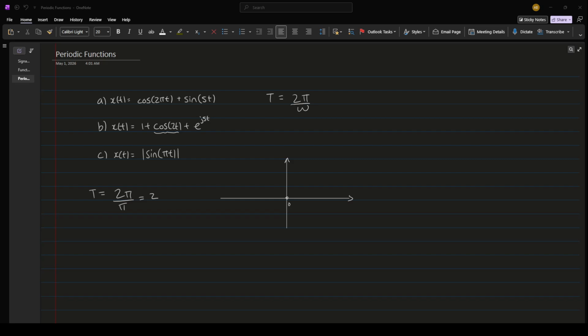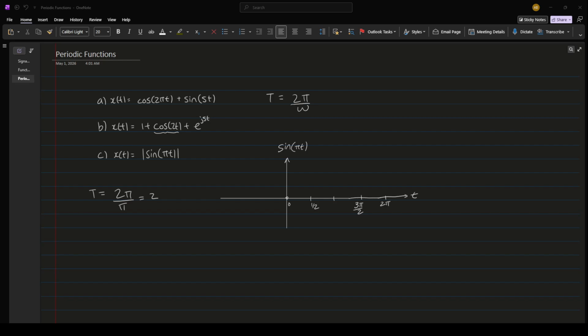So 0, and normally it would be pi over 2, and we would do pi and 3 pi over 2. Right, we could keep extending this, maybe like 3 pi over 2, and let's go with 2 pi. Now, because we actually don't have sine of t, but we have sine pi t, remember from the first episode that everything is scaled, so we divide everything by pi.